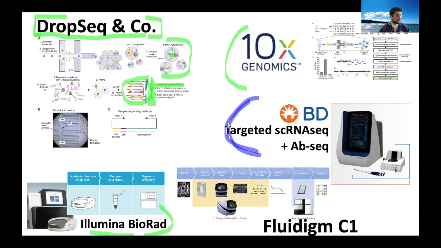You have thousands and thousands of these microwells in one cartridge, which is not depicted here. So you can capture tens of thousands of cells, but it's not oil emulsion like in the case of Drop-seq and 10x. It's more of a gravity type of approach. Only one cell will go into each well.